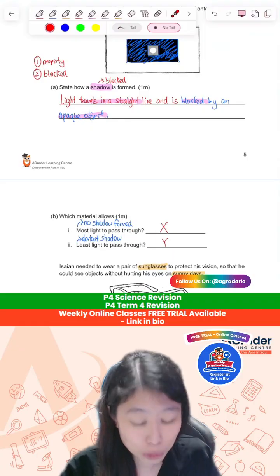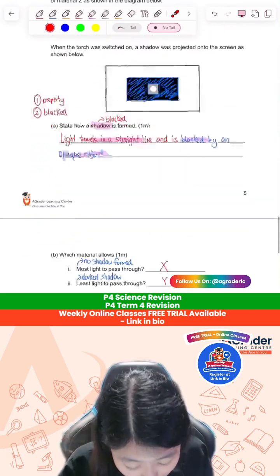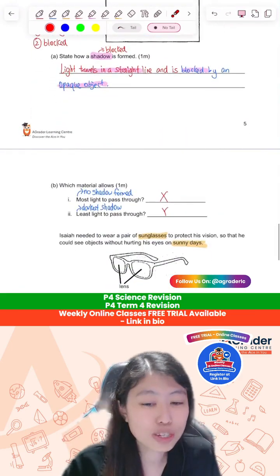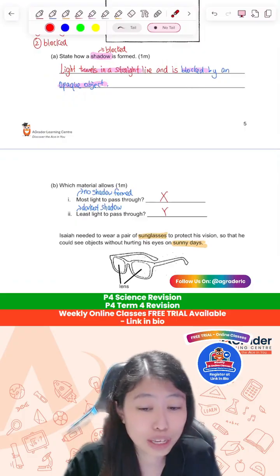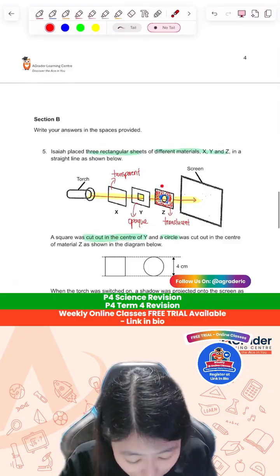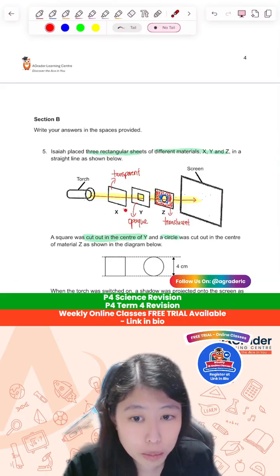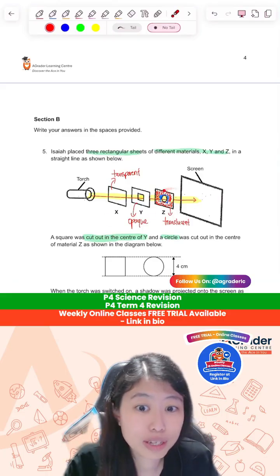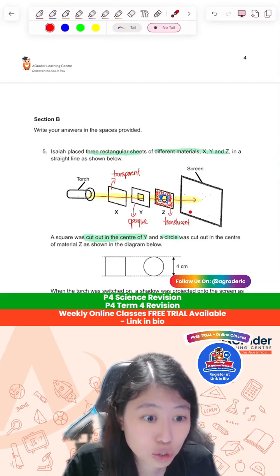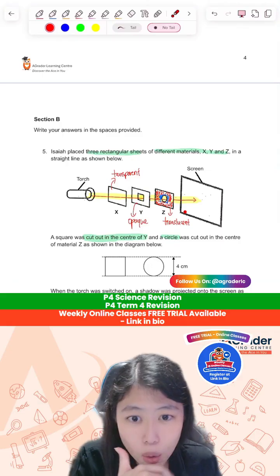No, you can choose any of the three. They say based on your answer in B, which means based on what you know in B, it doesn't mean you can only choose these two. Based on what you know in B, you already identified that X is transparent, Y is opaque, which means Z is translucent. Which one are you supposed to use? X, Y, or Z?